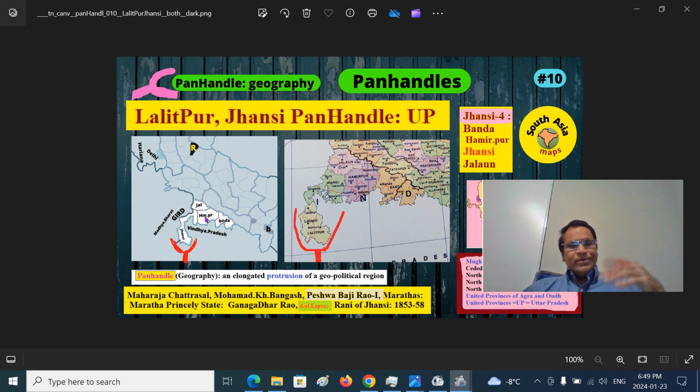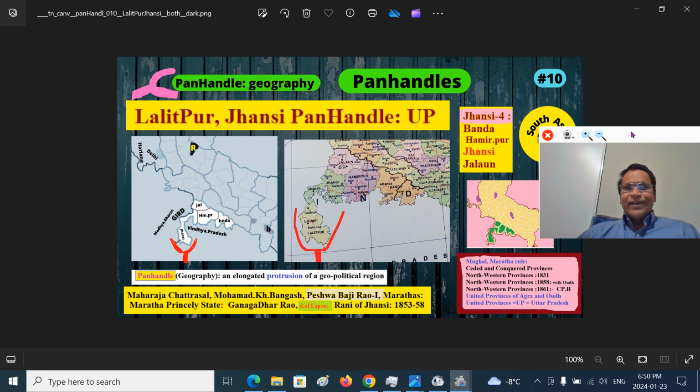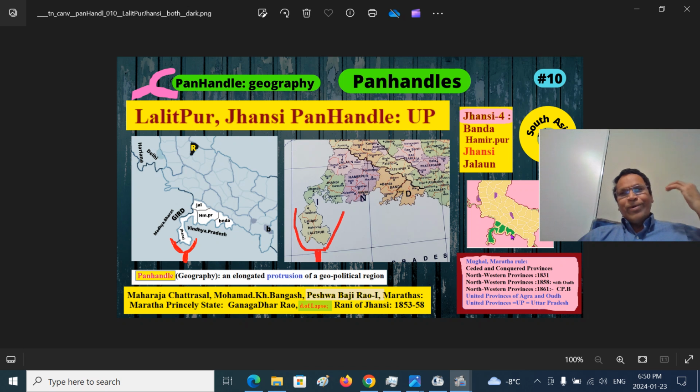You can say it in any way you like, but essentially the fact remains the same. The Panhandle, Bundelkhand part of Uttar Pradesh. There is also a Bundelkhand part in Madhya Pradesh that we will not talk about now, so as not to complicate things.